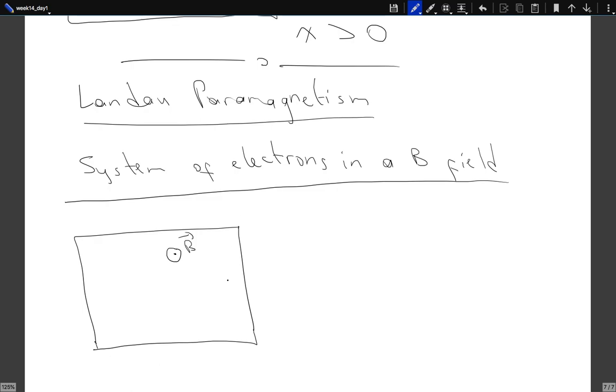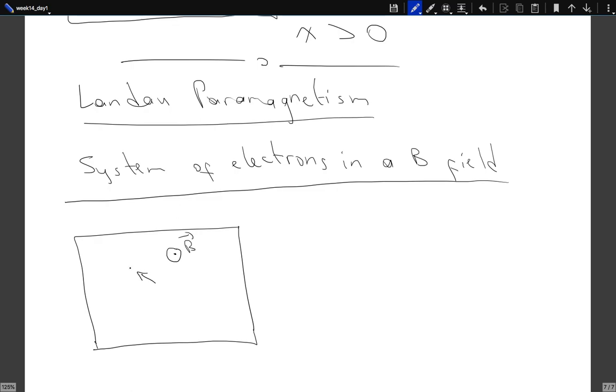Which direction will they circle? Clockwise or counterclockwise? Let's say an electron is moving in this direction.